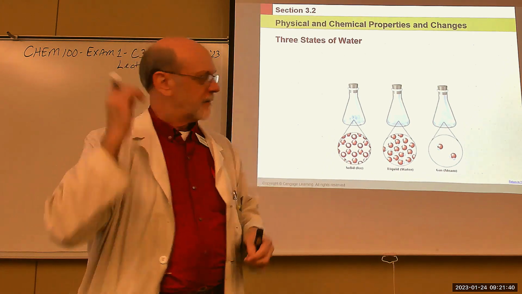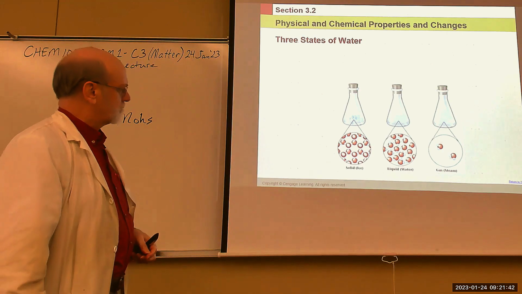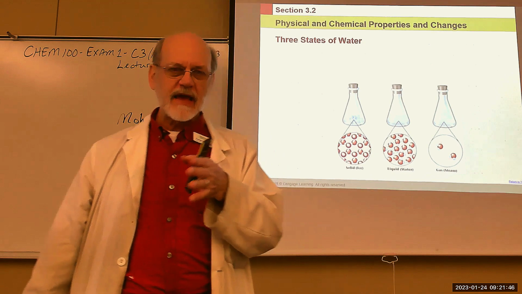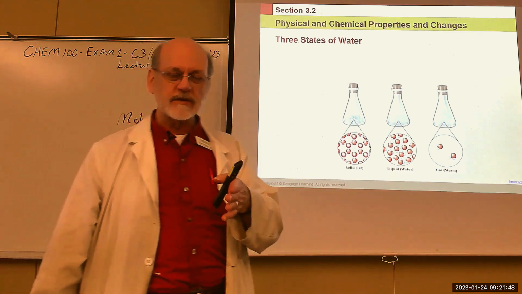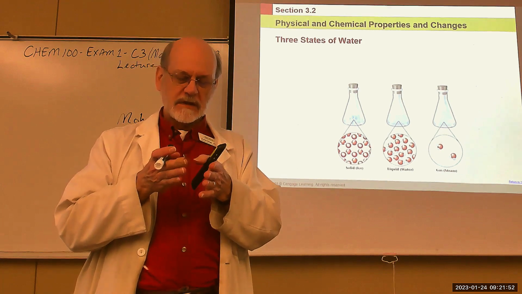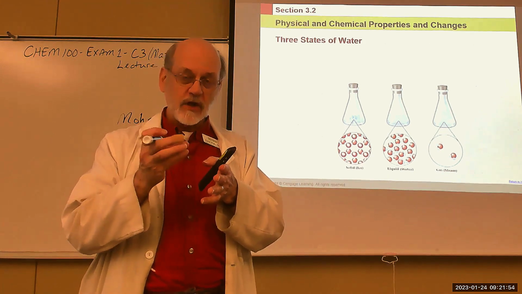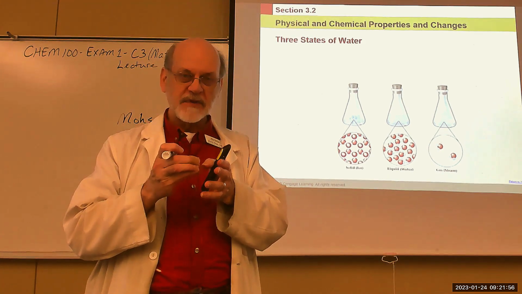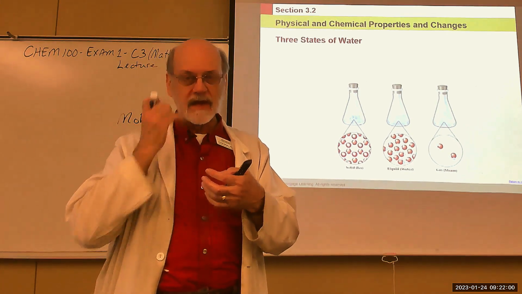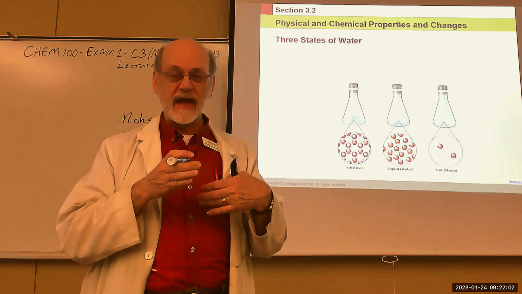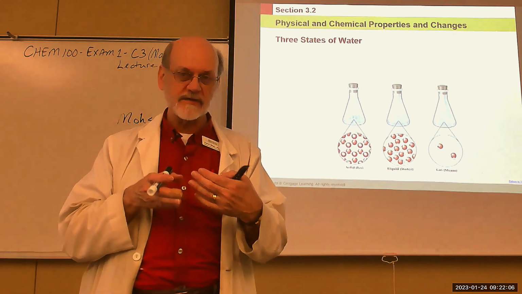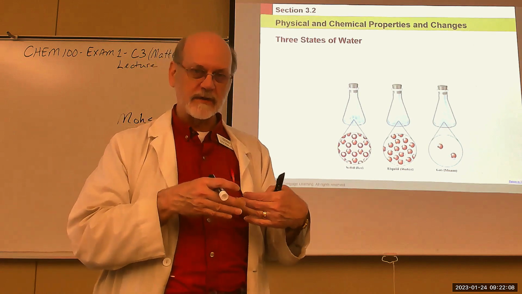What's interesting about water is that as it goes from a gas to a liquid, of course, we call that condensation, the molecules get closer together, but they still can't maintain their own shape. They need a vessel. And as we cool it down at less than 100 degrees Celsius, water will convert to a liquid.